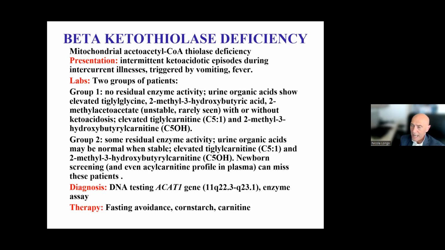And then there are patients who have some residual activity who can have either intermittent biochemical abnormality, and sometimes you see really no biochemical abnormalities. These patients can still have episodes of metabolic acidosis and acute decompensation.